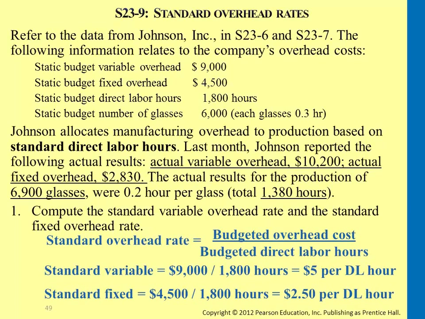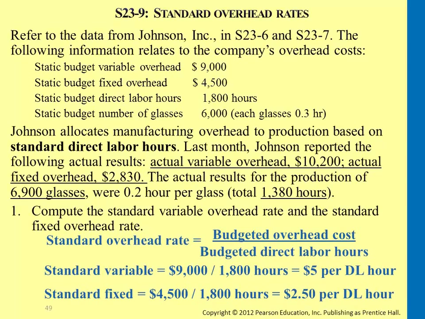So there would be 6,900 times 0.3 will give us how much? 2,070 hours, right? 0.3 because earlier the problem tells us that we budgeted 1,800 hours for 6,000 glasses.